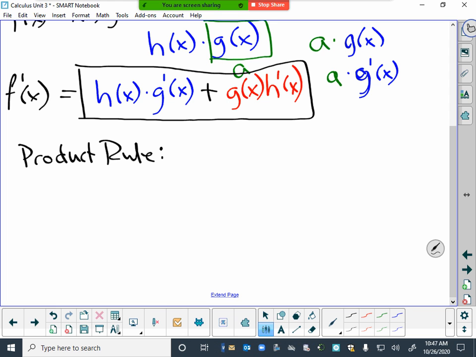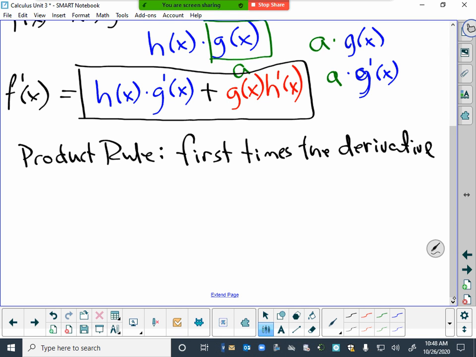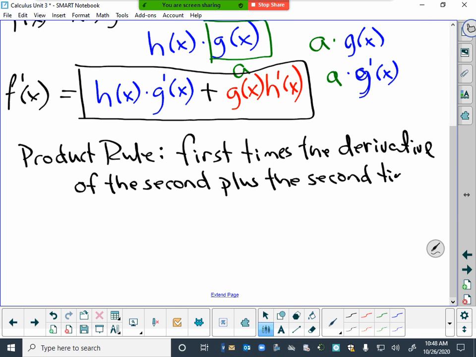We just memorized this in words as the first times the derivative of the second plus the second times the derivative of the first.